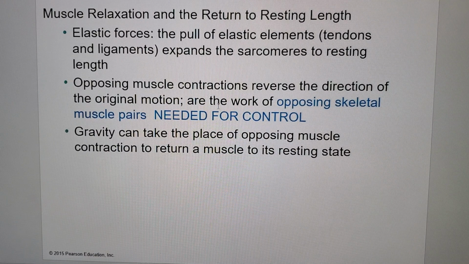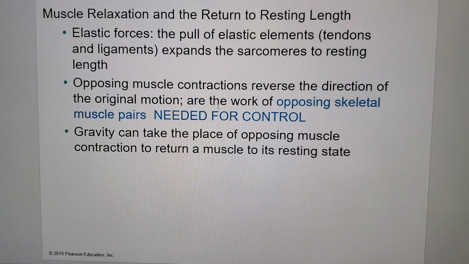And those we have to have for control so we don't move spastically. Gravity can take the place of an opposing muscle to return it to its resting state.